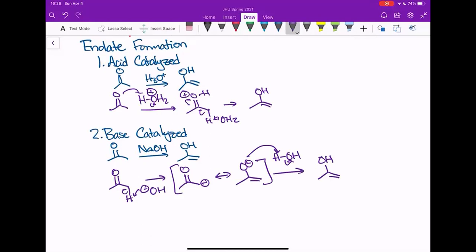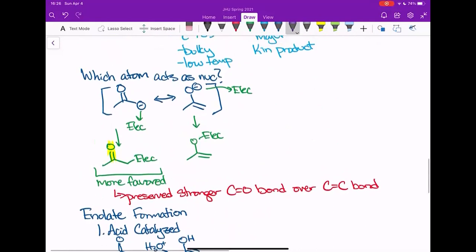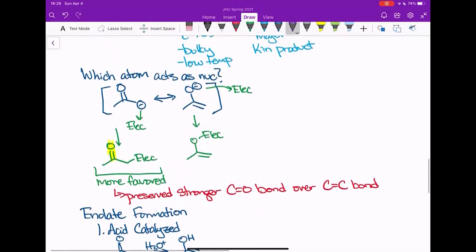Was there a question that I needed to go back on? For these two, which atom acts as a nucleophile. So if the one on the left was more favored as a nucleophile, would the one on the right be more favored as an electrophile?